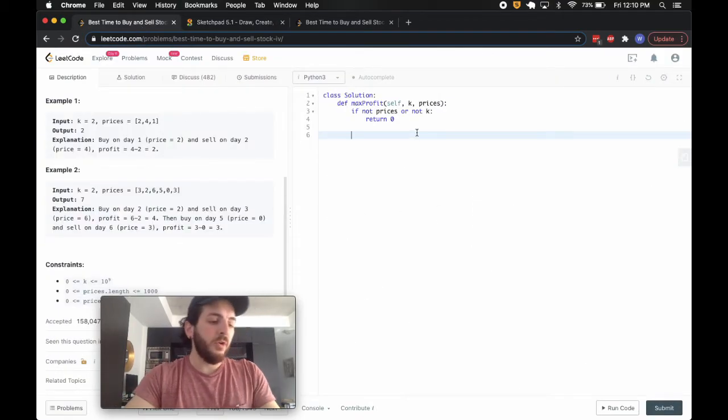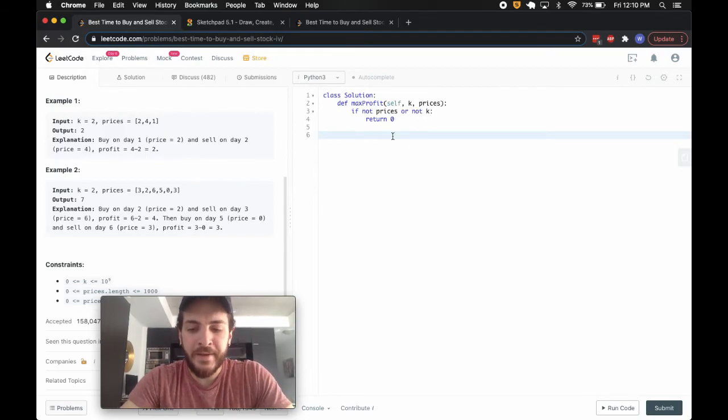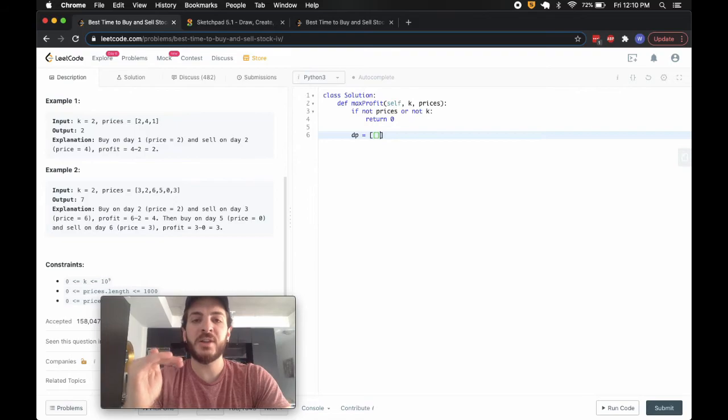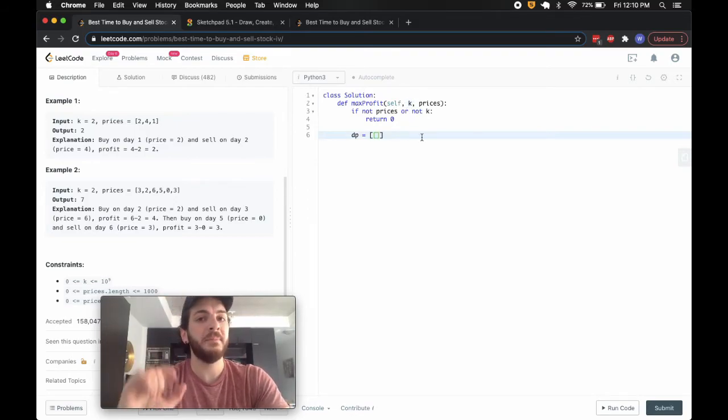For the actual code part now, the code's not going to be very involved, believe it or not. I've got some notes here on the code that I'm going to follow because there's a pretty succinct way to do it. The way I wanted to do it was by starting by creating this actual table. So it's going to be a nested array, a 2-dimensional table, and we know that for the number of transactions, that's going to be our rows. We've got k total transactions, but we want k plus 1 rows.